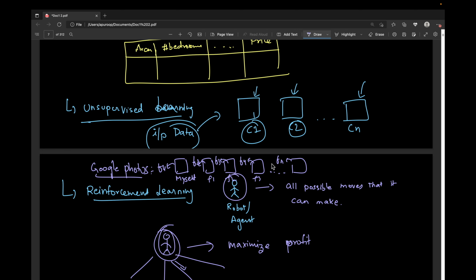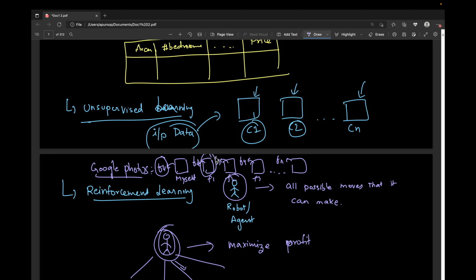So in this folder, I can find all the images in which I'm having my face, and similarly in this folder, I can find all the photos of my friend one. It doesn't know that this is Aparoop or this is some other friend.